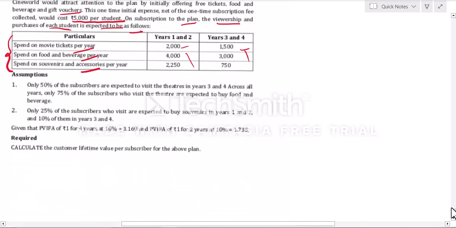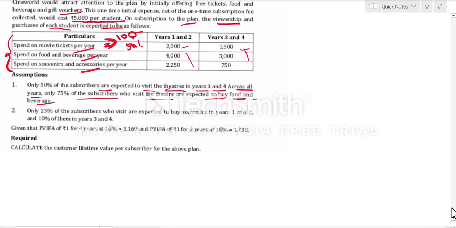And what are the other points they have given? Only 50% of subscribers are expected to visit the theater in years 3 and 4 across all the years. Only 75% of subscribers who visit the theater are expected to buy food and beverages. For movie tickets, first they need students. If 100 students come in the first and second year, only 50% will come in the third and fourth year.